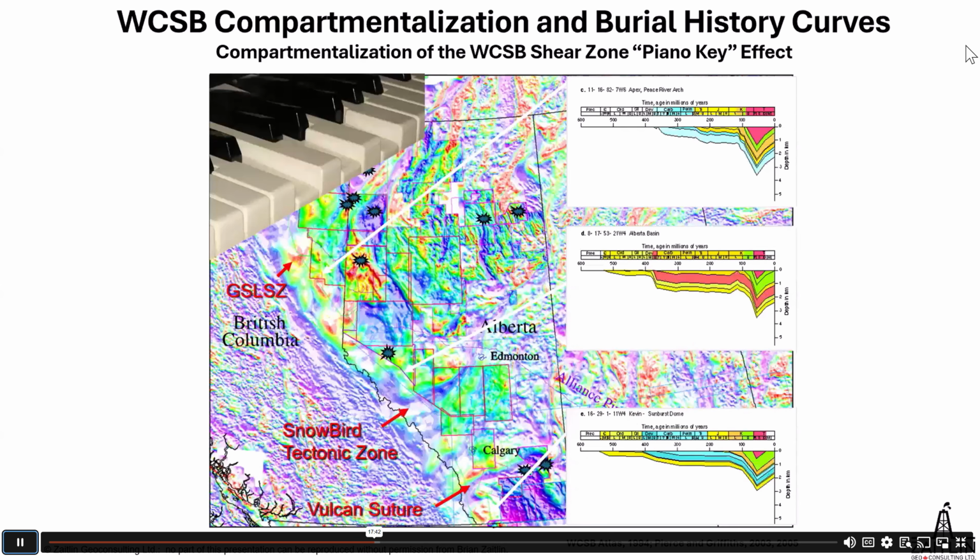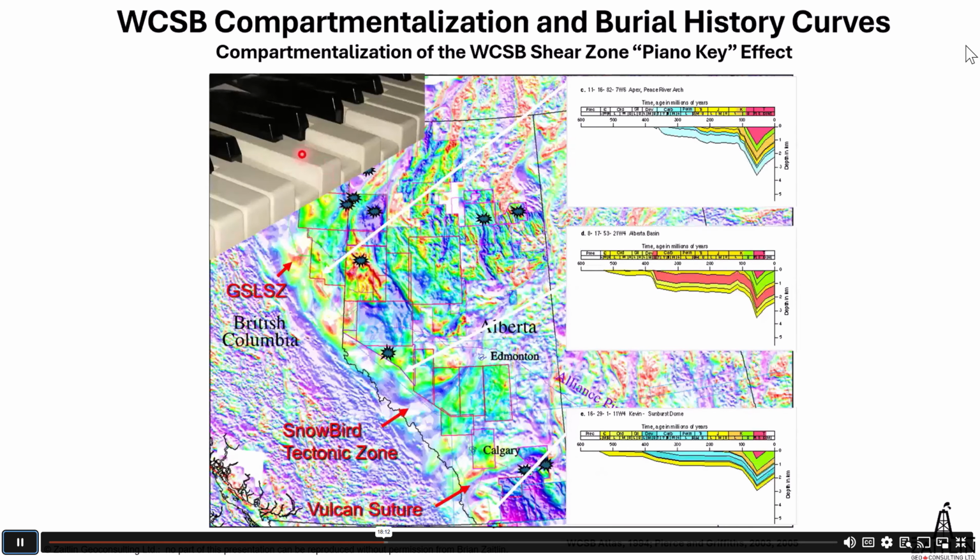And what this is doing is setting up what we call the piano key effect. As we're loading, because of continental collision, off to the west onto these different compartments, the basin itself will end up being pressed down or loaded at a different rate because of the brittleness that's associated with the basin deposits. So some of them may be relatively rigid and you won't create room.